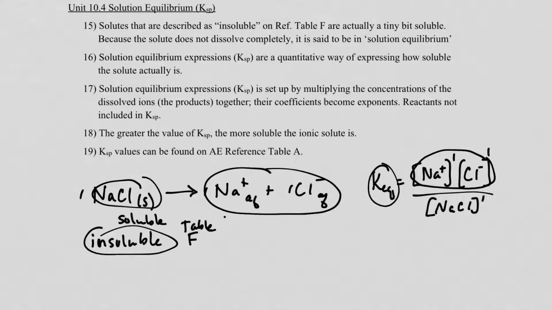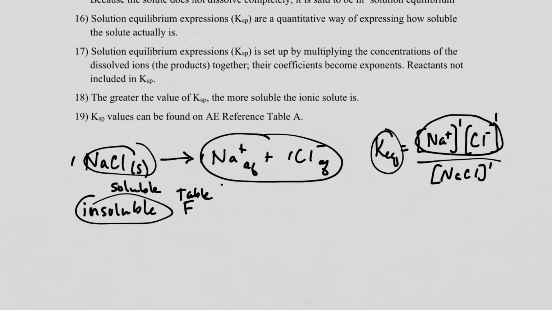And so solution equilibrium has a special equilibrium constant symbol. It is Ksp, where the Sp stands for the solubility product. So if we have a compound like PbCl2, this is one of those compounds where it appears that chloride's a halide, so it should be soluble, but when it's combined with lead, Pb, it is insoluble.